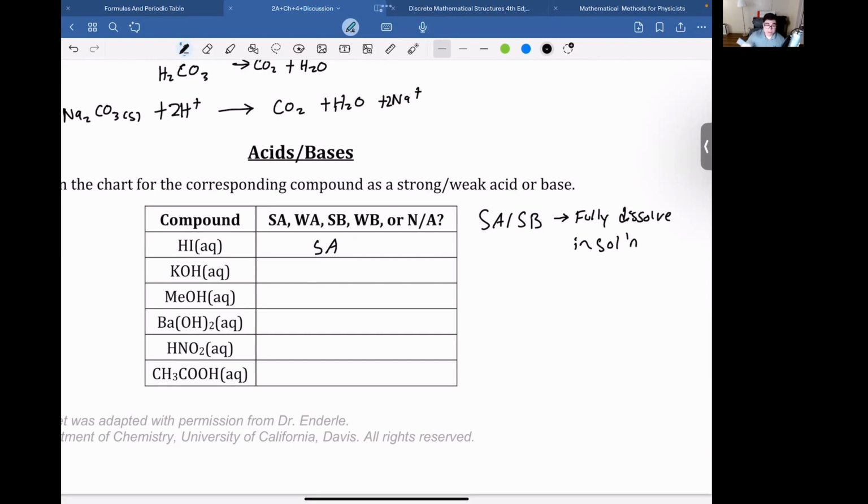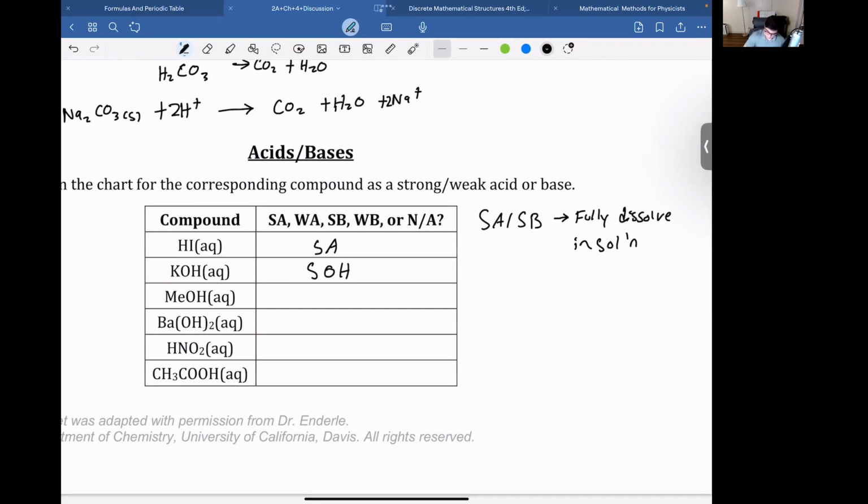If they don't fully dissolve, we're going to say it's a weak acid or a weak base. So HI fully dissolves, so it's a strong acid. KOH, based off of your solubility rules, that fully dissolves. So that is a strong base.